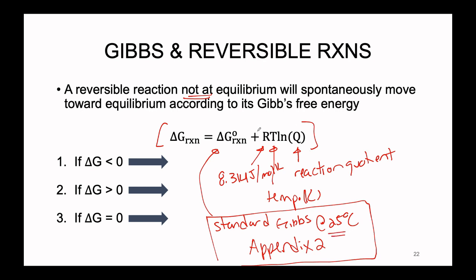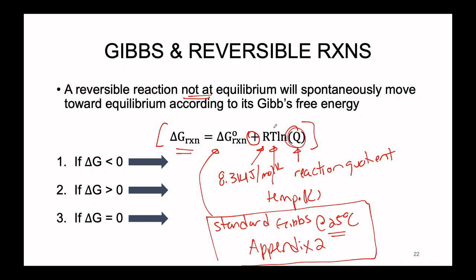Now this modification, this additional piece, this RT natural log Q, tells us what is the balance of product to reactant, what's that ratio, and what is the weight of it? That's what this RT stands for. And so the balance between our Gibbs free energy calculation and this Gibbs energy component on the right-hand side that we're adding, this modifier based on initial conditions, will tell us this new Gibbs free energy that's not necessarily at standard conditions.